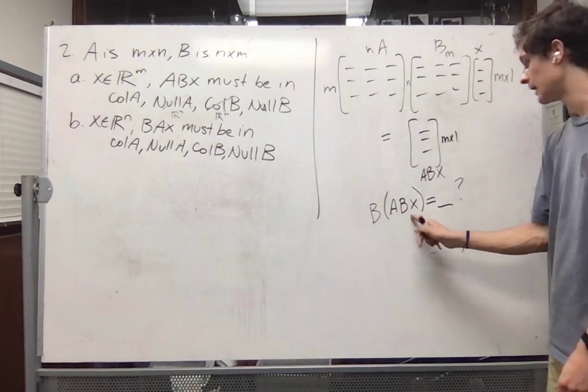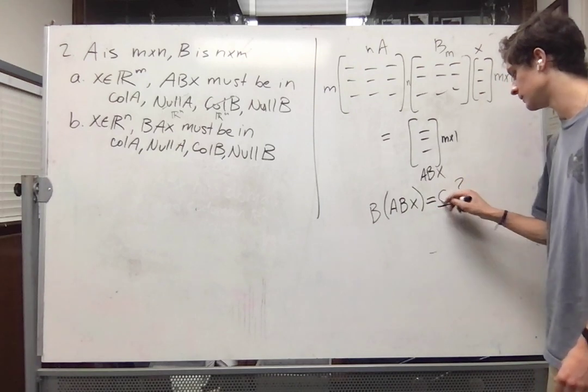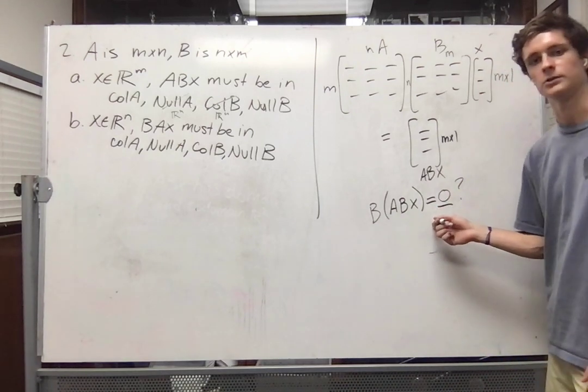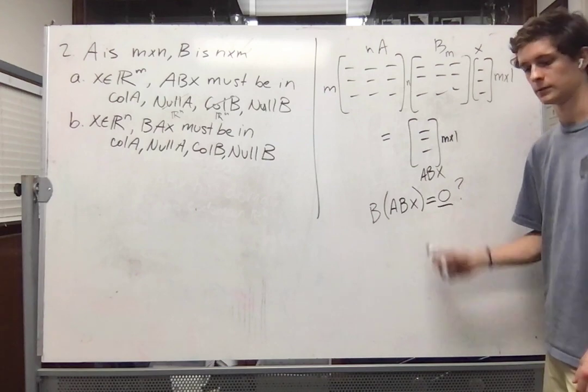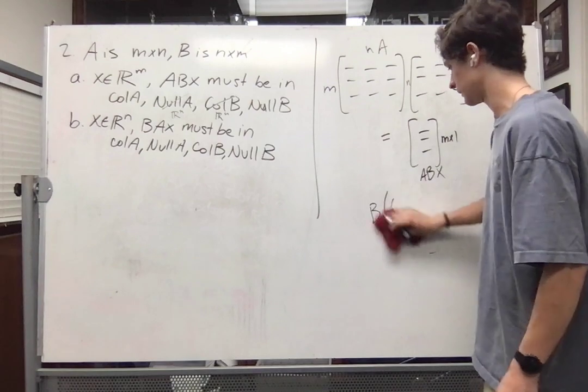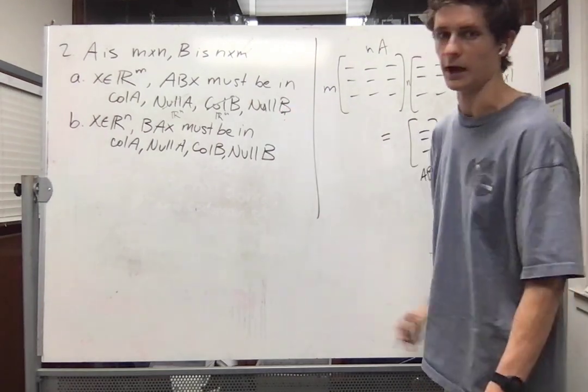So if I'm saying that ABx is in null B, then B times ABx has to equal 0. Is there any reason to believe that this would be true? I don't think so, so I don't think we can conclude that it is. Let's forget about that for now. Maybe put a question mark here. Probably not, right?